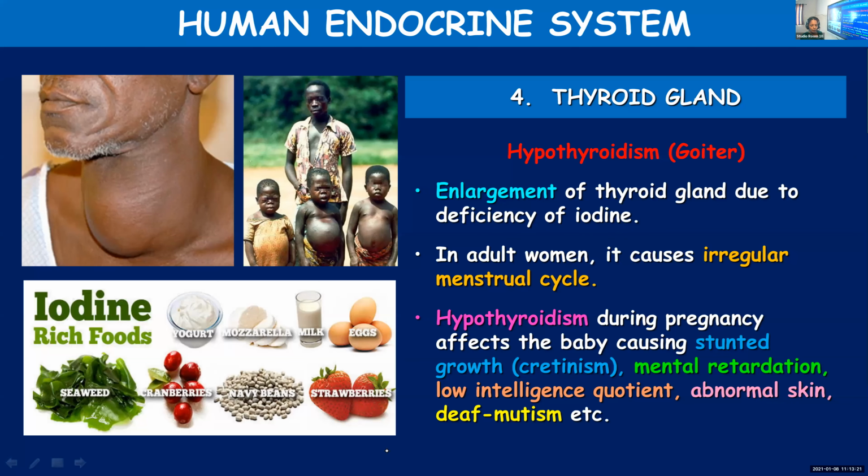In adult women, it can interfere with the normal menstrual cycle and lead to irregular cyclic pattern. If it occurs in pregnant ladies, it will affect the baby in the womb and can result in stunted growth, causing cretinism, then mental retardation, low intelligence quotient, abnormal skin, deaf mutism, etc.